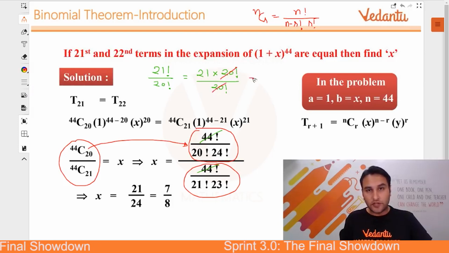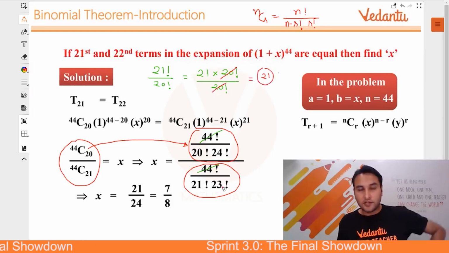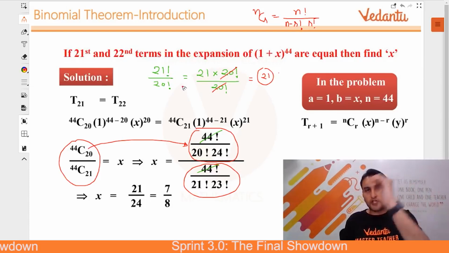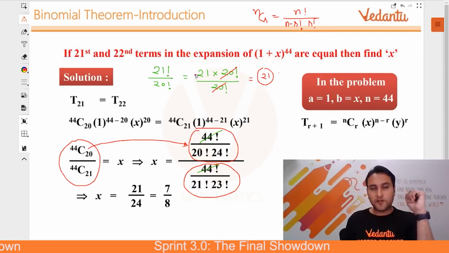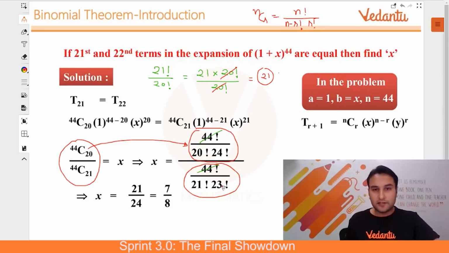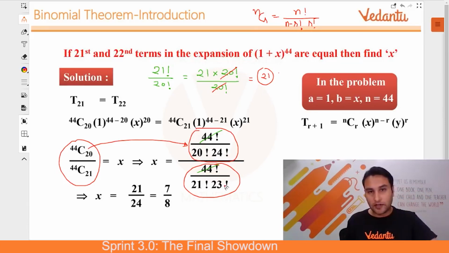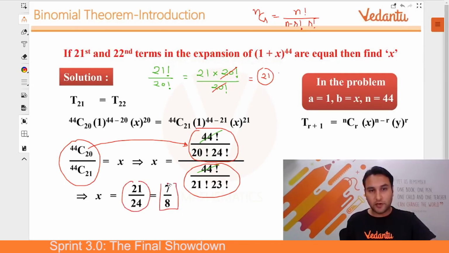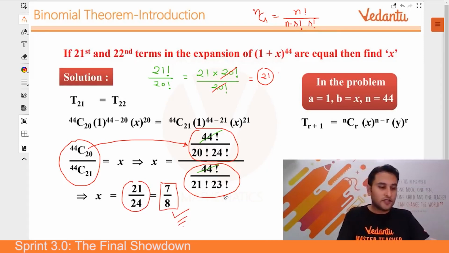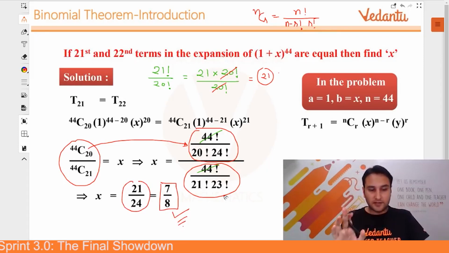So this will leave you 21. 21 factorial is 21 into 20 into 19 and so on, so 21 factorial can be written as 21 into 20 factorial. Similarly, 24 factorial upon 23 factorial will give you 24. So this will become 21 upon 24, which is 7 by 8, which almost all of you gave me as the right answer. So this is all about the very basics.